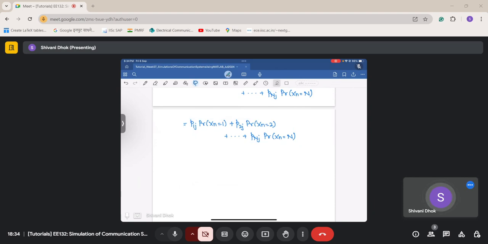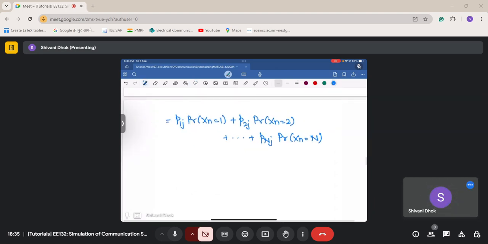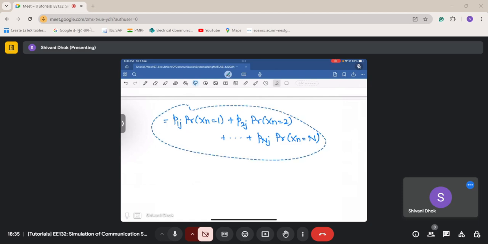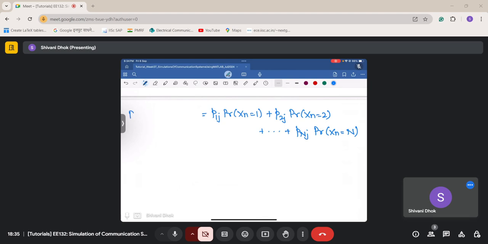And what is this? This is simply the probability that xn plus 1 equal to j, and this j can again take values from 1 to capital N. So let me stack these values. We add an intermediate stage here.